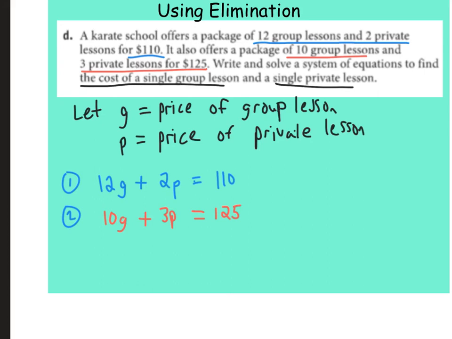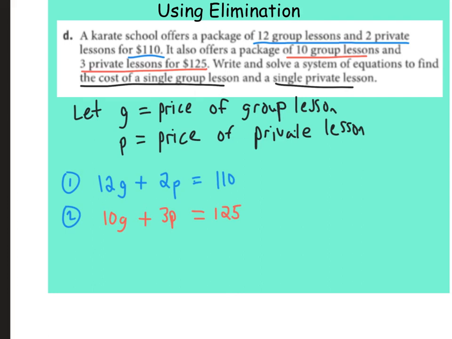So what you have to do sometimes is multiply the equations to make that happen. Sometimes there's a way where you can just multiply one equation. For example, just bear with me here. Imagine if this, instead of being 3p, was 4p.